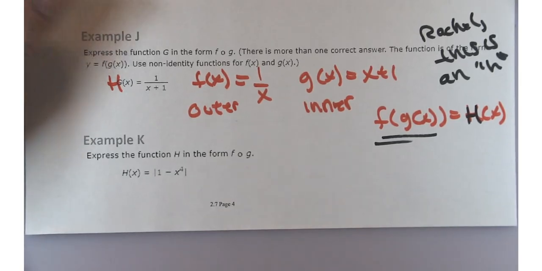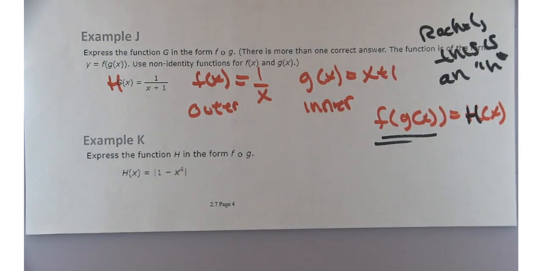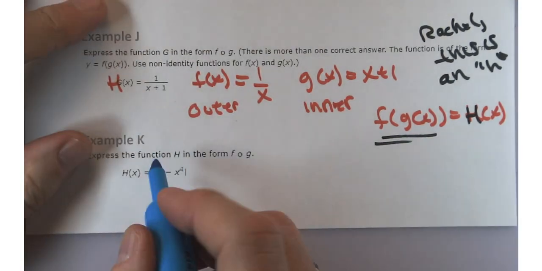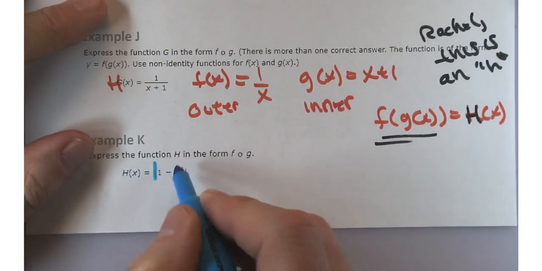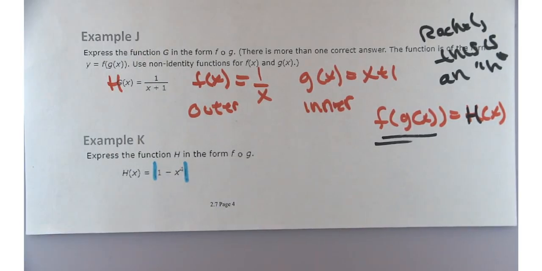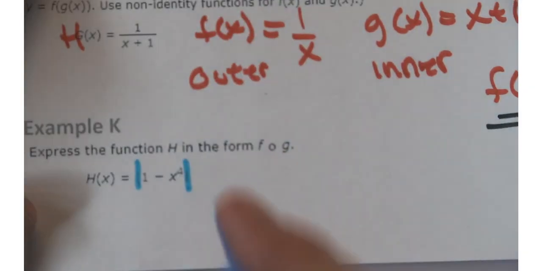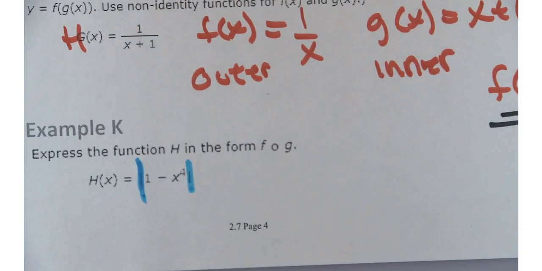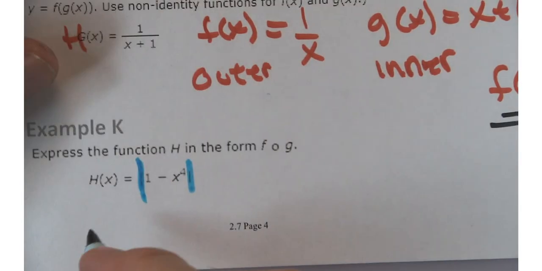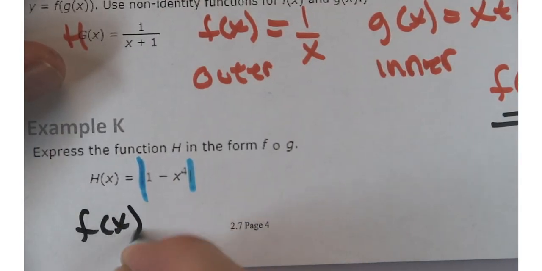Now, big picture, when you first look at this function, what's happening? You've got the absolute value of something here, right? So let me zoom in a little bit. That's the first thing you see when you're looking at this. So that's what I call your outside function. So your outside function, f of x, is just the absolute value of x.